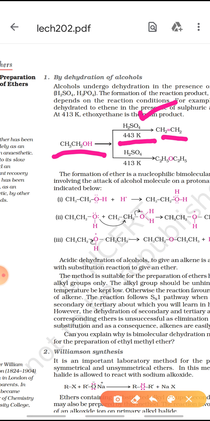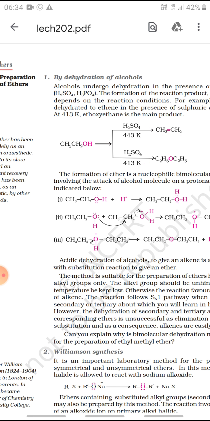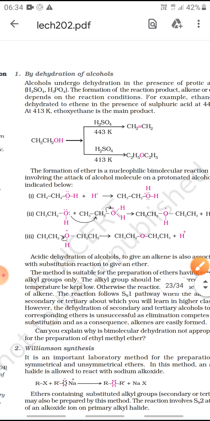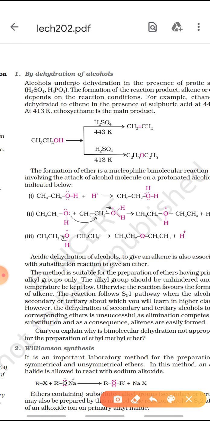Now, if the same reaction is carried out at a temperature of 413 Kelvin, the reaction will not give an alkene. Instead, it will give an ether. You have the mechanism also of this reaction in your syllabus, in which in the first step, the protonated alcohol is formed. That means the alcohol reacts with the proton and the protonated alcohol is formed.